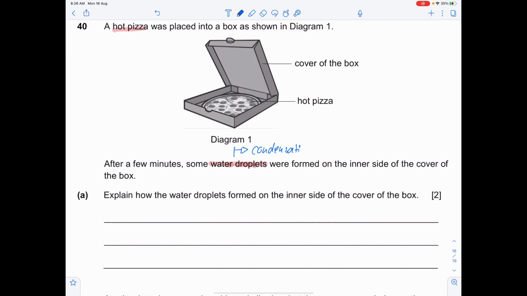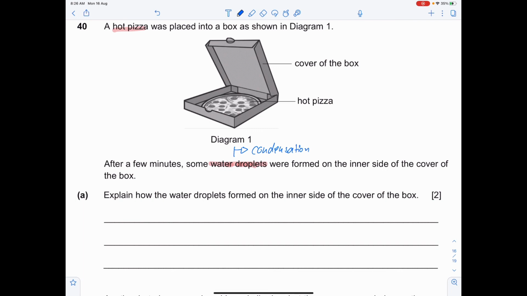So the second plausible source of water vapor is actually the surrounding air itself. Don't forget, your air is a mixture of oxygen, carbon dioxide, helium, and many others, including water vapor. That water vapor in the air could potentially gain heat from your pizza.